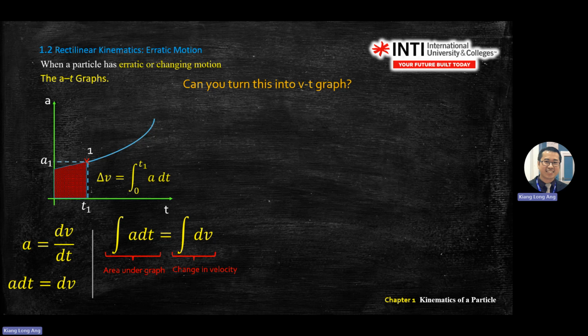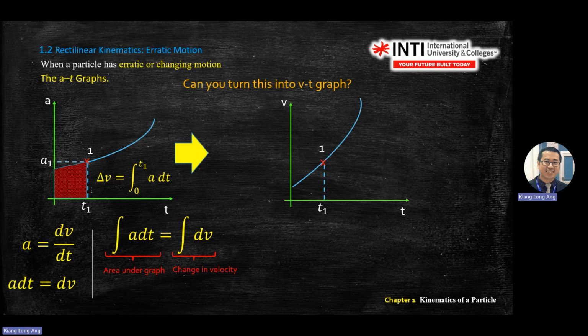The highlighted area in red color on the screen is delta V, which is the integration of your acceleration and time. From this area, when you calculate, you get one number. You go to the VT, you find the magnitude of V, then you plot. The time is still the same. You copy the time.